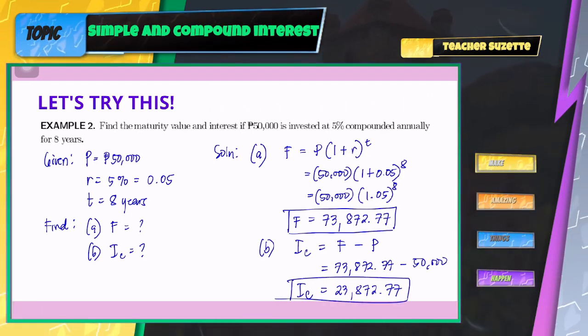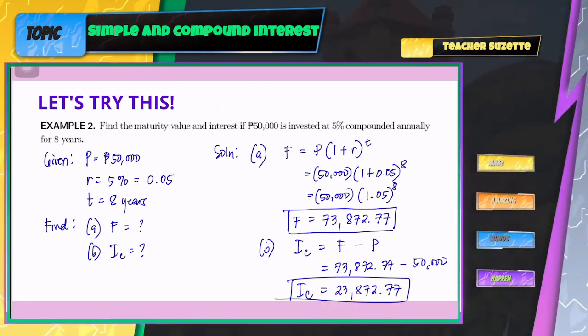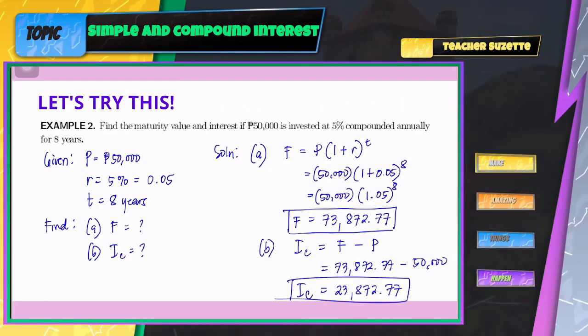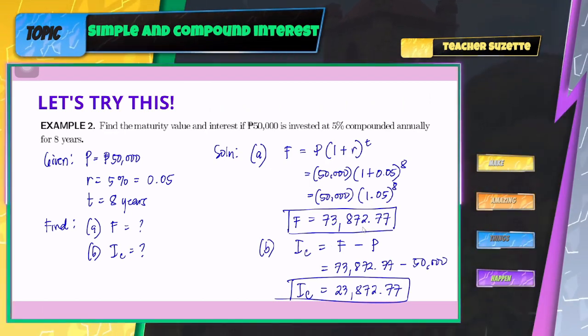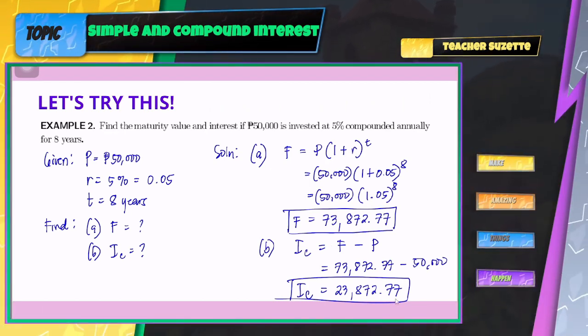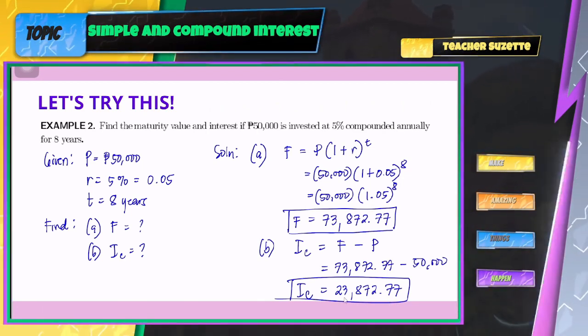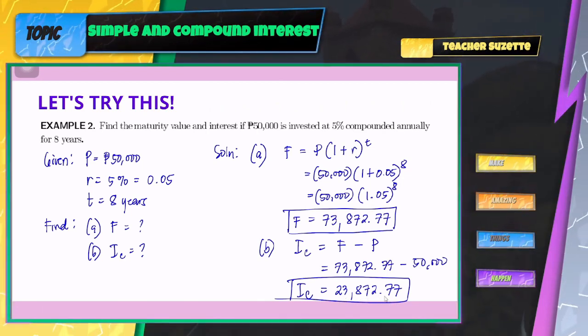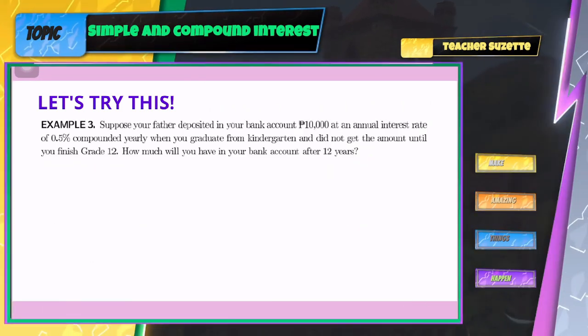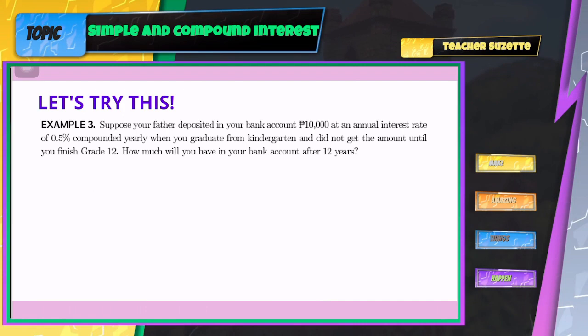Therefore, we could conclude that the maturity value F is 73,872.77 and the compound interest is 23,872.77 pesos.